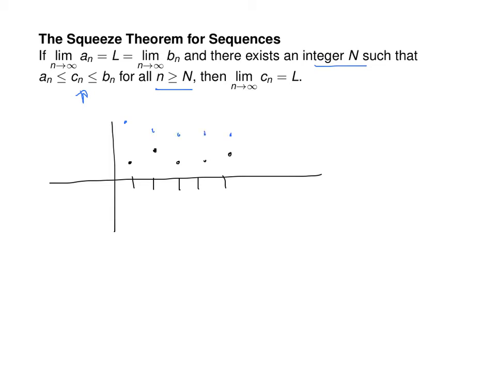And maybe it isn't always true, but eventually C sub n stays between those two. And if both the A sub n, the black one, and the B sub n, the blue one, eventually go to this limiting value L, then so does the function that's stuck in the middle.